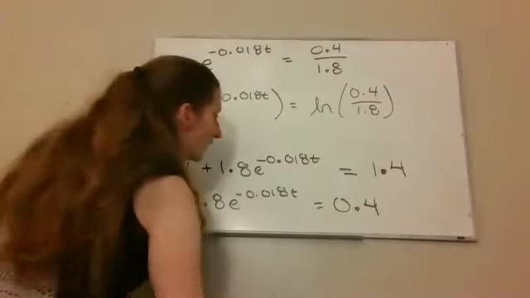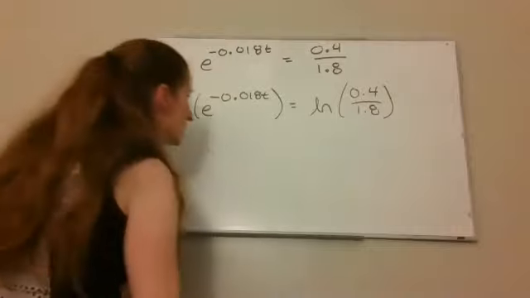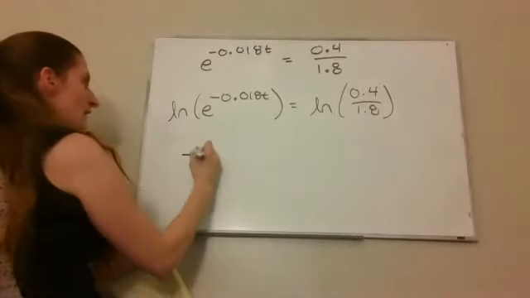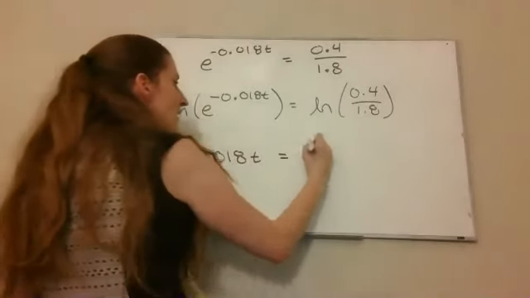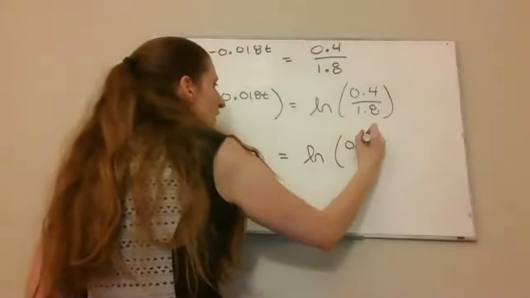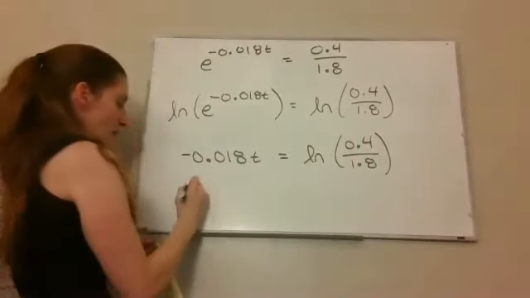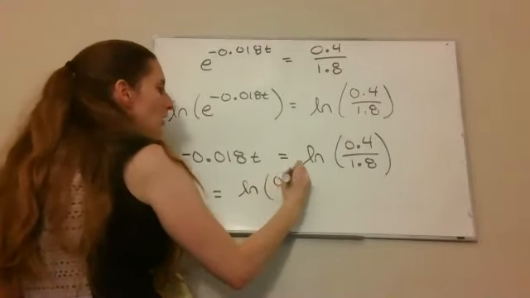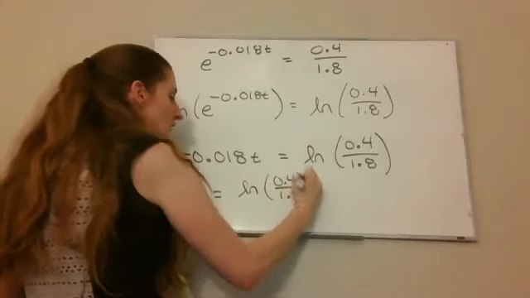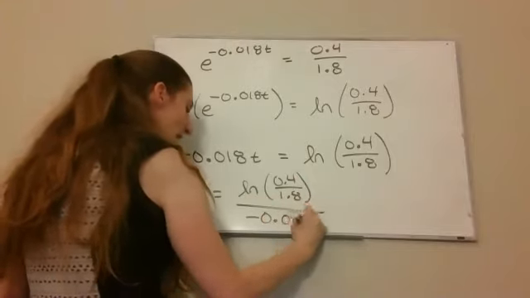And then remember that the natural log and the natural exponential function undo each other. So I just get that negative 0.018 t equals natural log of that 0.4 over 1.8. So my t is just equal to that natural log divided by negative 0.018.